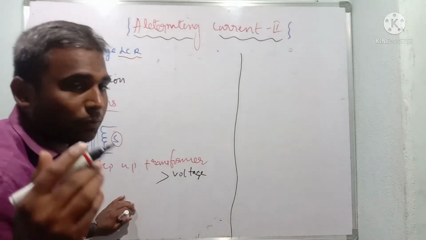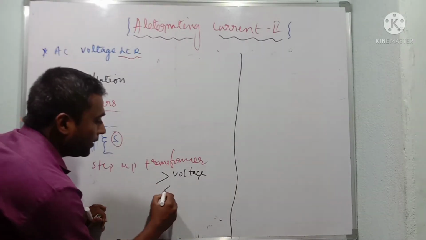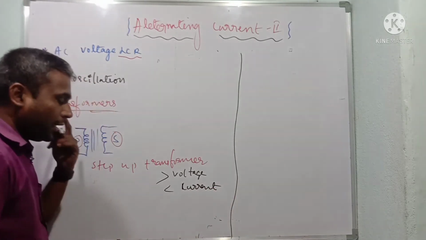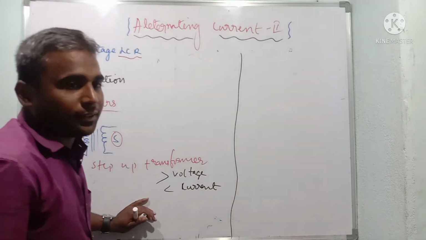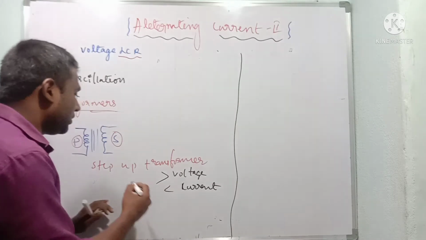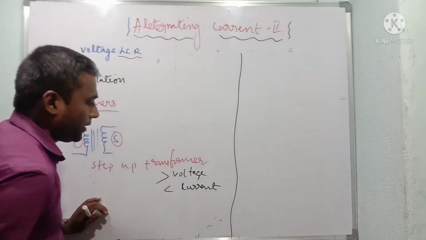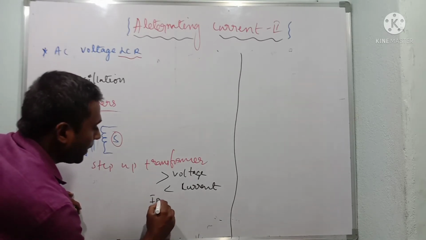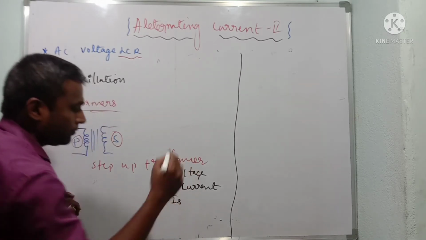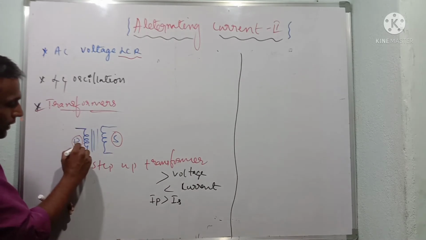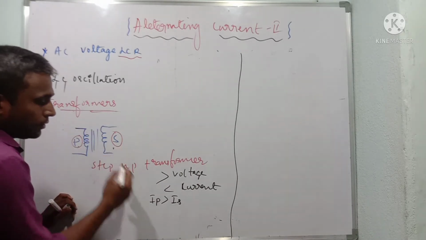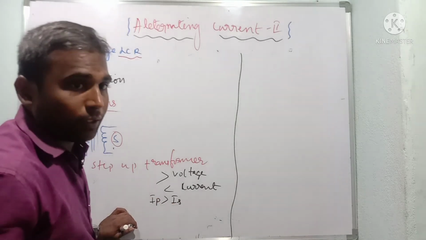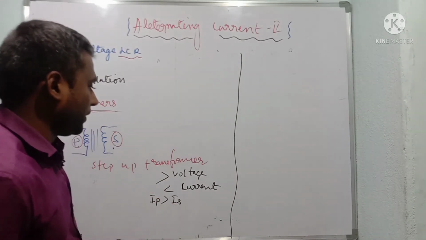Transformer which increases the voltage and decreases the current. Very important. So here in the form of flux leakage, I'll explain those factors. So we are going to increase the voltage and decrease the current. And here remember, the current in the primary coil is greater than in the secondary coil, because here we increased voltage and again we have decreased current in the secondary coil. So IP is greater than IS, current in the primary coil is greater than current in the secondary coil. This is step up transformer.